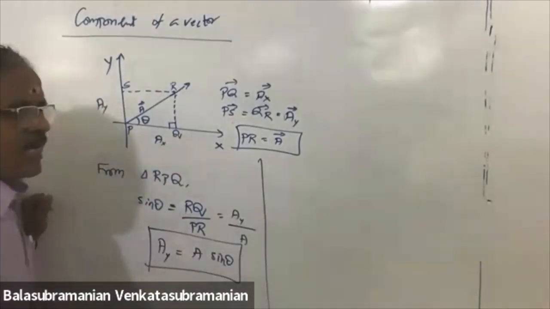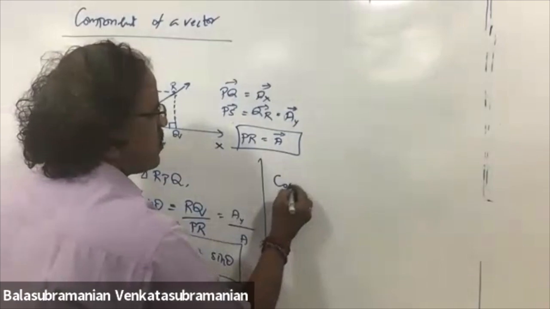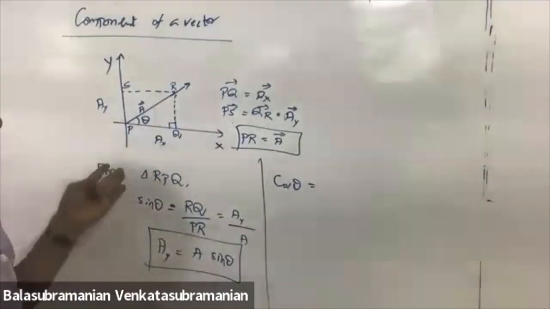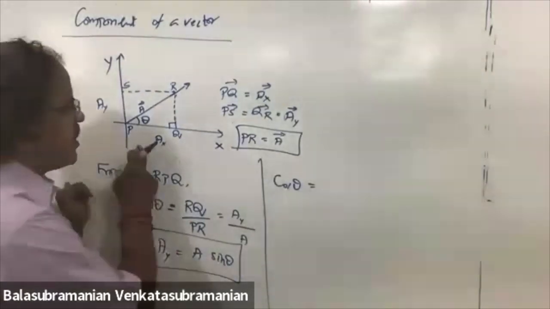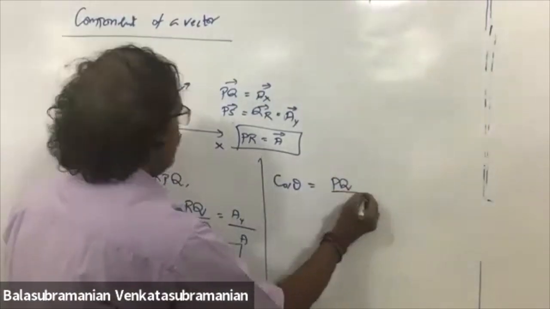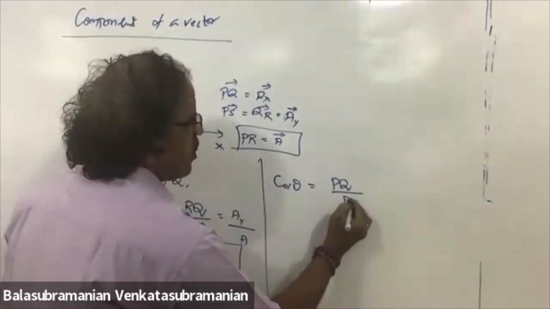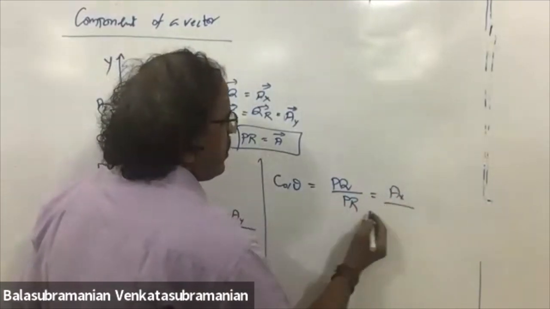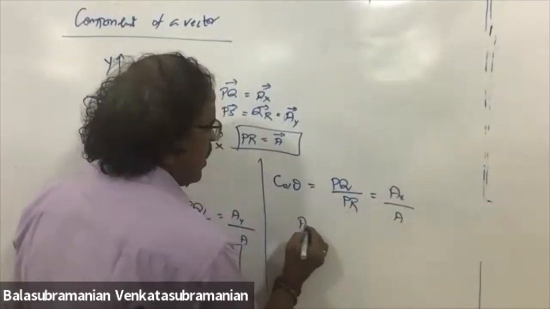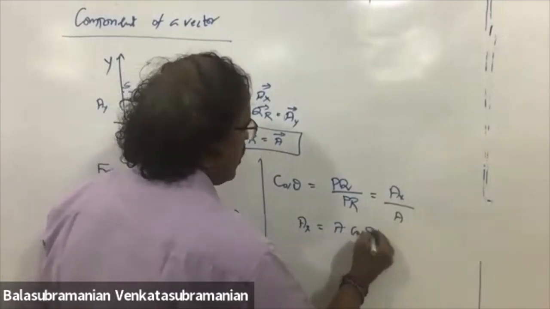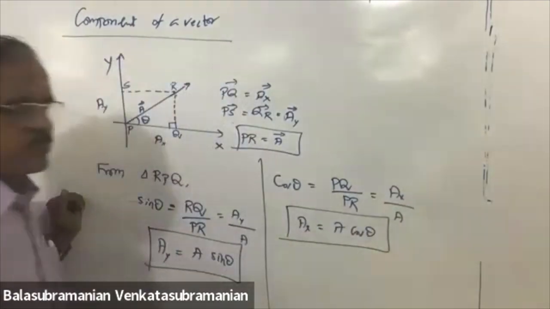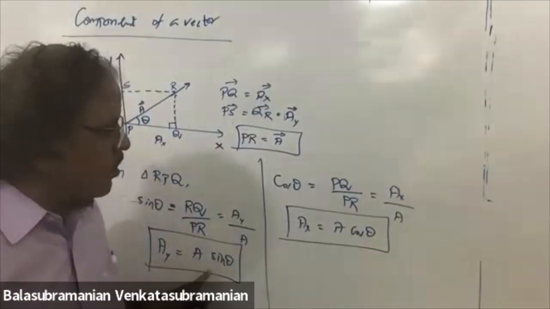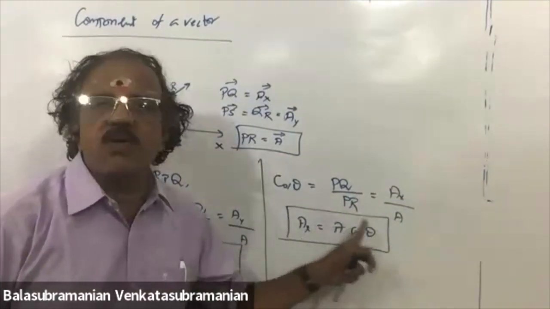Calculate cos theta from this. Cos theta is equal to adjacent side by hypotenuse. What is the adjacent side? PQ by hypotenuse PR. PQ is nothing but AX, PR is nothing but A. So AX is equal to A cos theta.